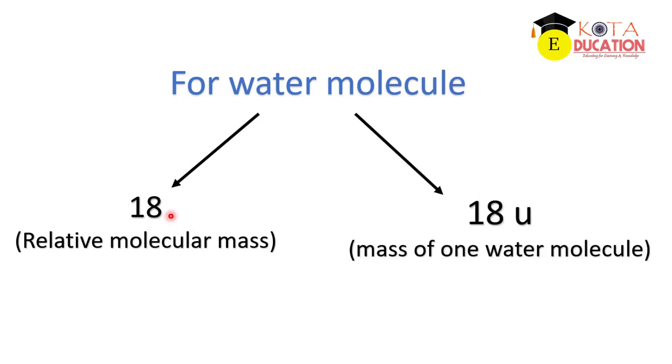Similarly, the mass of one water molecule is 18 u, or 18 unified mass. If we have to report it in grams, we multiply with 1.66 into 10 to the power minus 24 gram. So this is about the molecular mass and relative molecular mass.